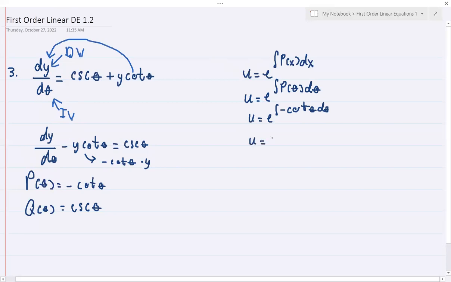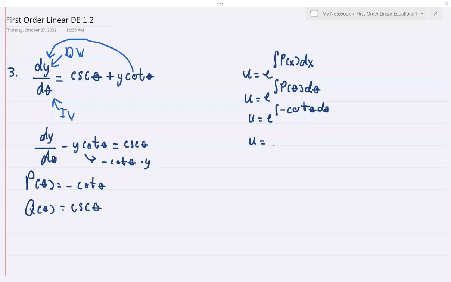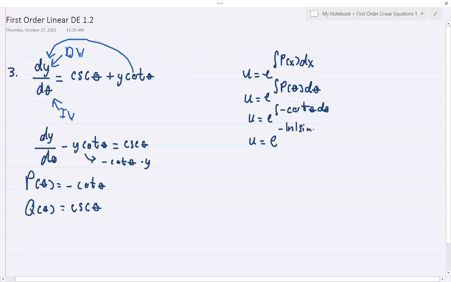So the integral of negative cotangent of theta, this is e raised to negative ln of sine theta. Because the integral of cotangent theta is equal to ln of sine theta.